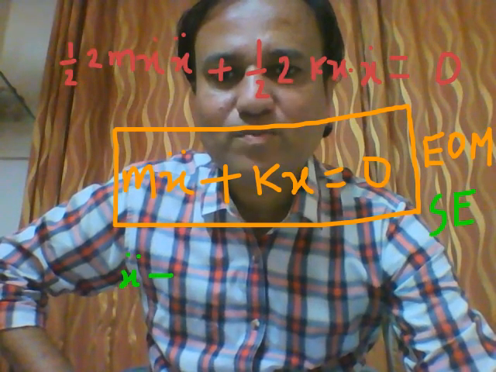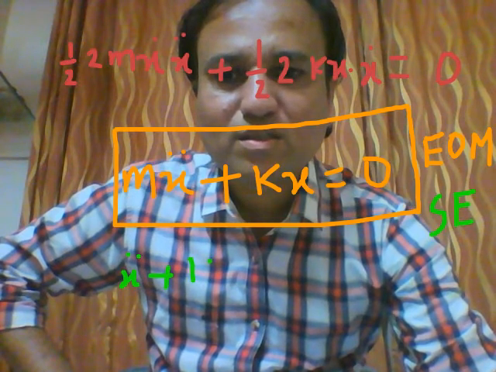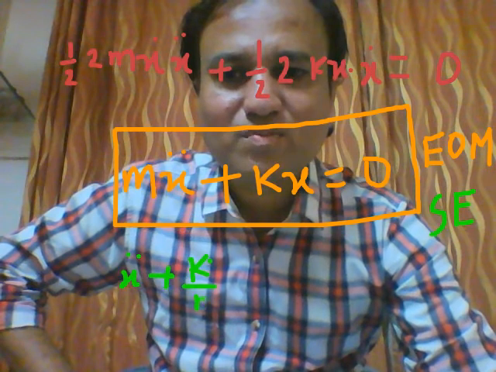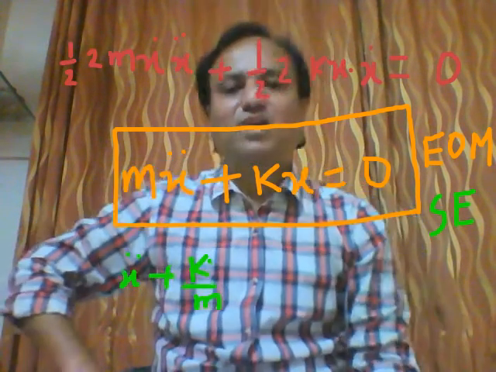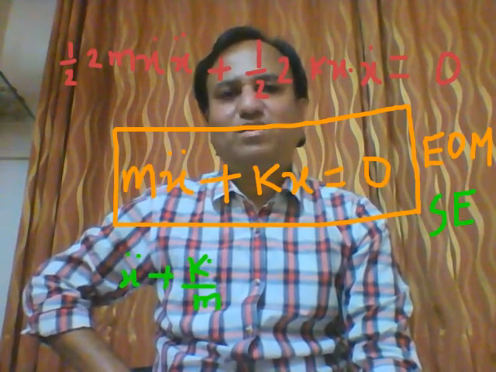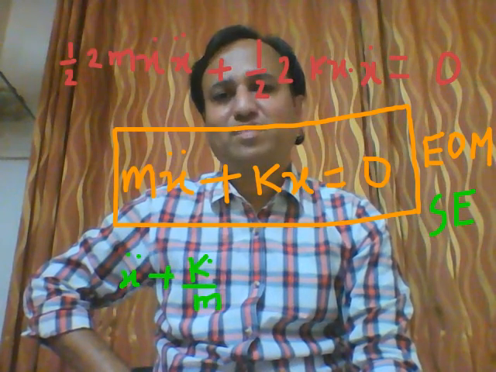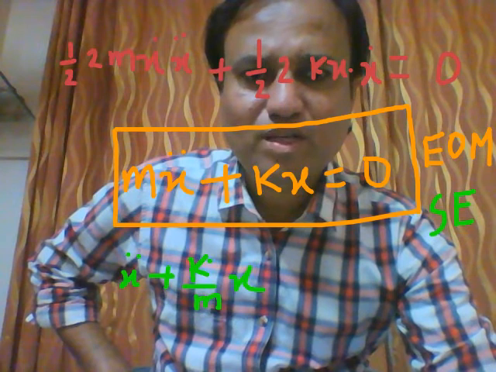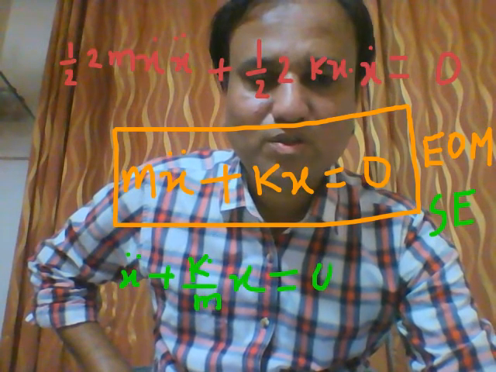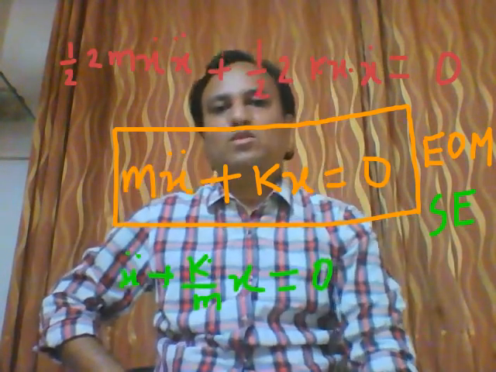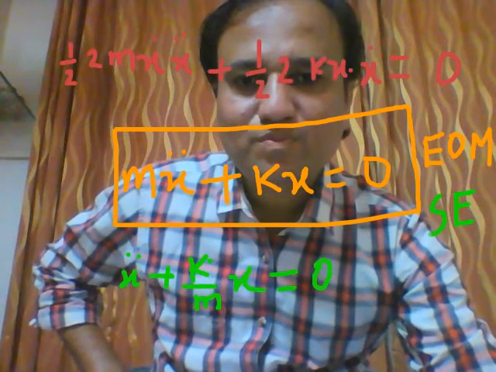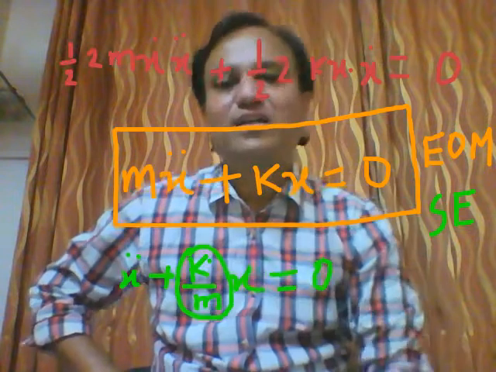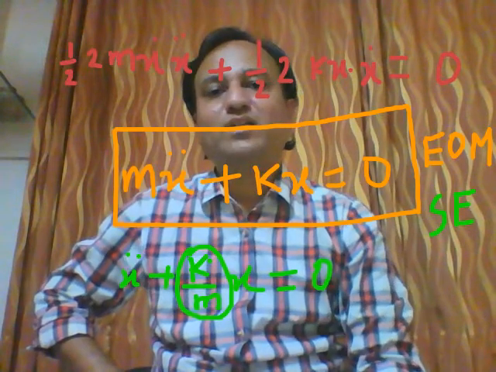x double dot plus k by m into x is equal to 0, dividing the right hand side and left hand side by m. This term k by m is experimentally investigated to be omega n square.